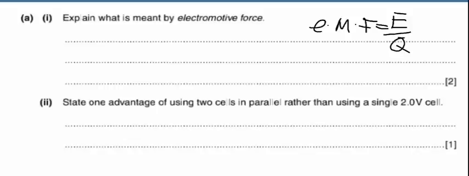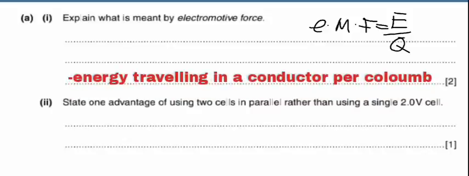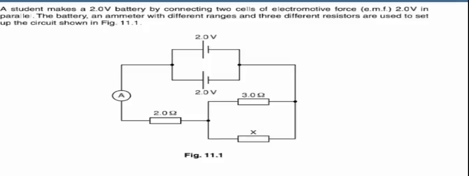I'm going to say electromotive force is the energy produced in a conductor per coulomb. That is the definition for electromotive force. And then as for Roman numeral 2, it is saying, state one advantage of using two cells in parallel rather than using a single 2.0 volts cell. So let's see.